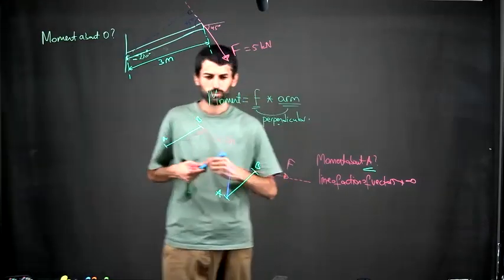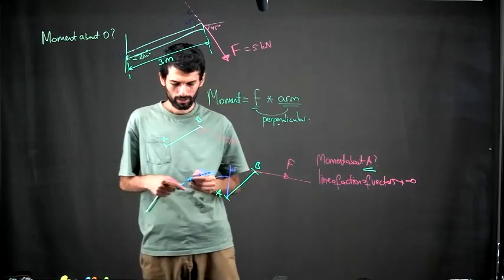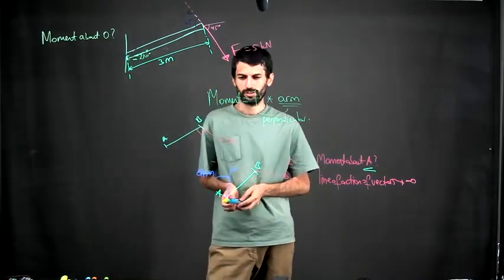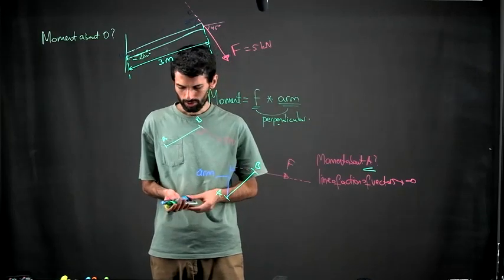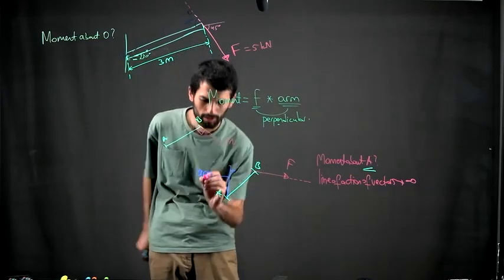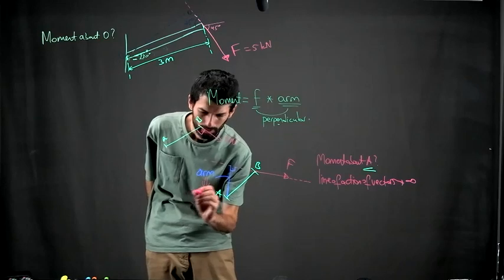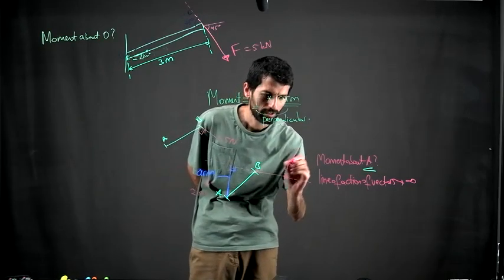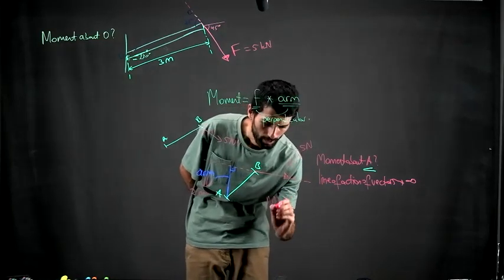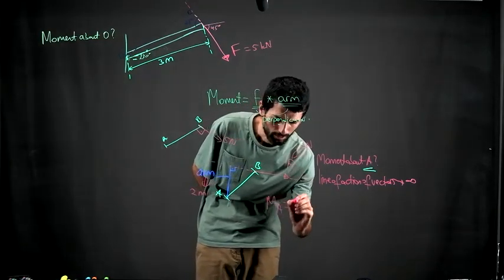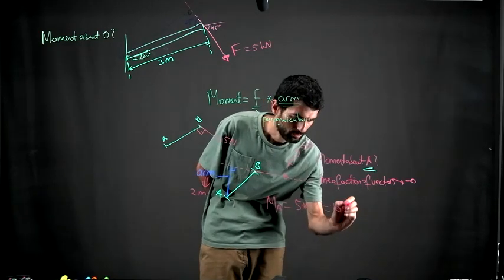So this will be the arm that I'm looking for, and that will be the force. Say that I know this arm is 2 meters, and the force is 5 newtons. Then the moment about A will be 5 times 2, that will be 10 newton meters.